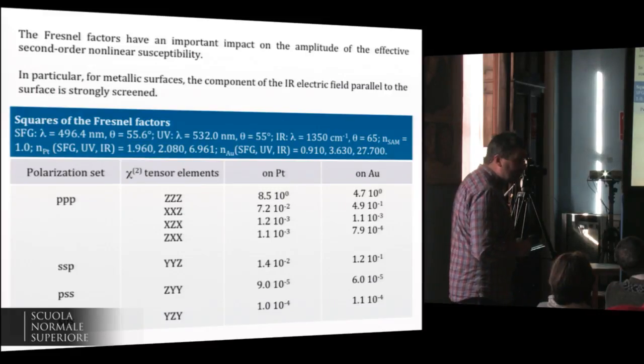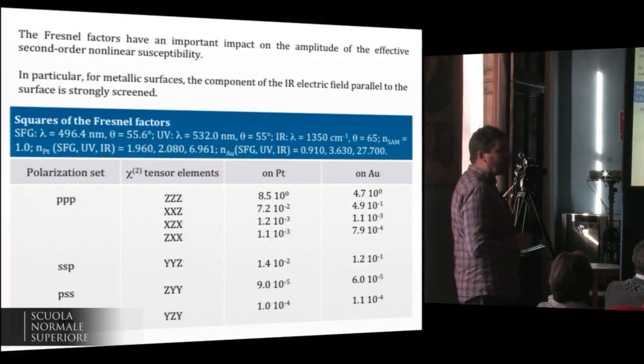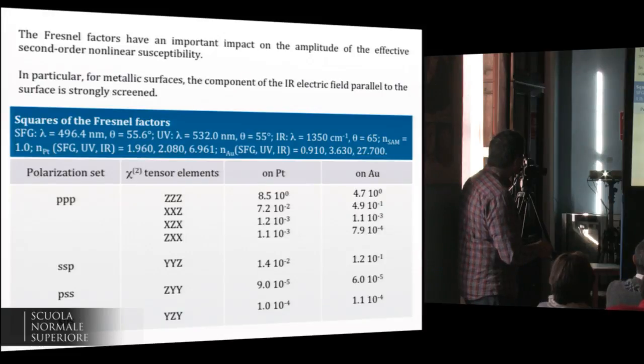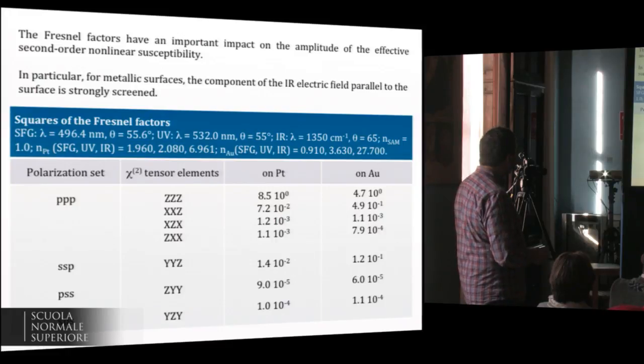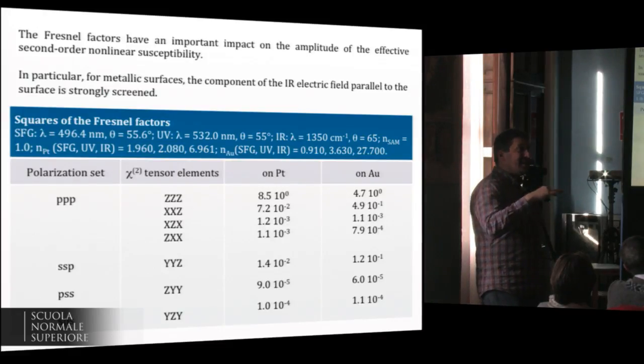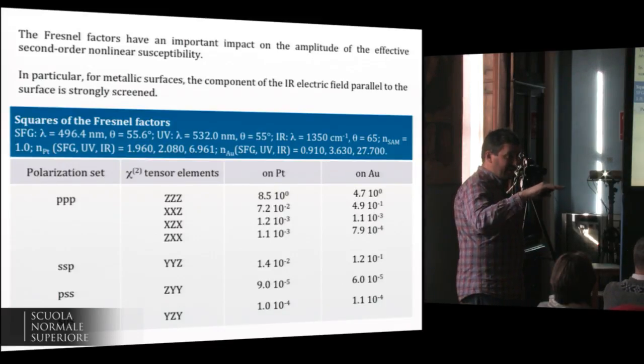And what do you see? You see first that the largest Fresnel factor is obtained for the ZZZ tensor element. So in the case of PPP polarization. For the other tensor elements, the Fresnel factors are smaller, and in fact they are even much smaller when the polarization of the infrared light is S. This is simply because your infrared field is damped by the presence of the metal when the polarization is S. Okay?